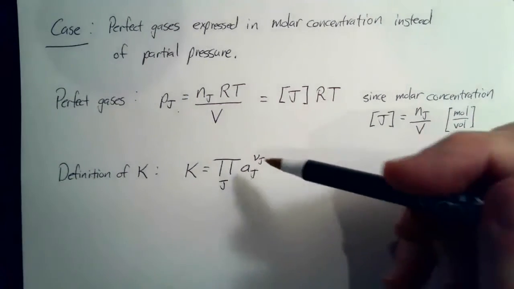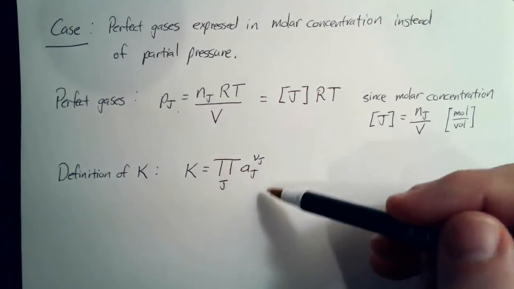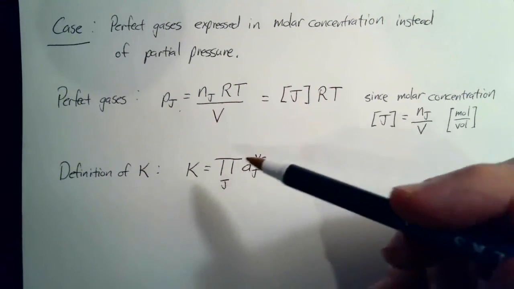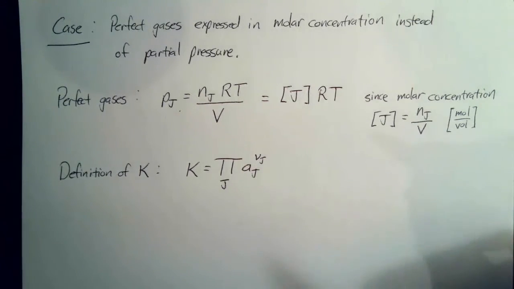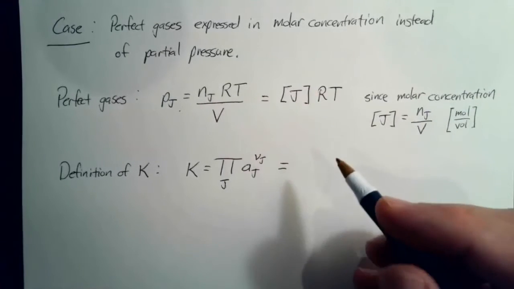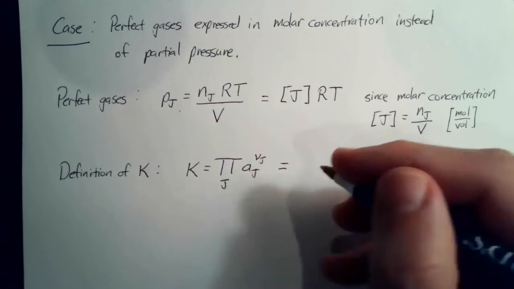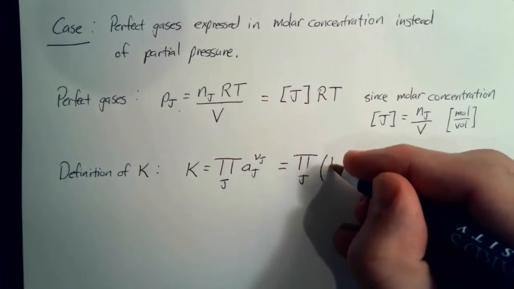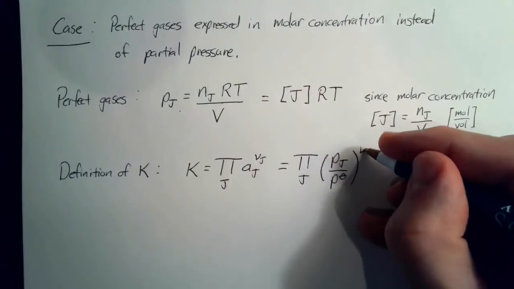And these are the equilibrium values of A, which when we first wrote this definition, I put equilibrium as a subscript, but that's usually not included because we know if we're talking about K rather than Q, then we're assuming we're talking about equilibrium values. Now we can use our estimate for the activity of a perfect gas being the partial pressure to rewrite AJ as the partial pressure of J over standard pressure to the new J.